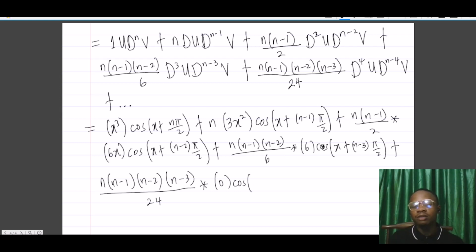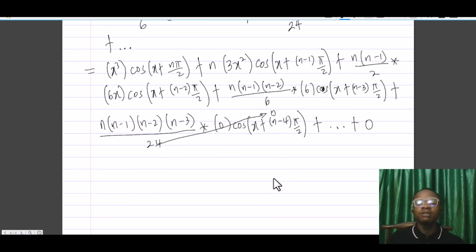This will be cos of x plus n minus 4 multiplied by pi over 2, and then close the bracket. So with this, we are good to go. We know that the rest will also vanish to 0, just as this will be 0. So we just wrote this out so that we can easily see how everything vanishes to 0 from this point forward. All right.